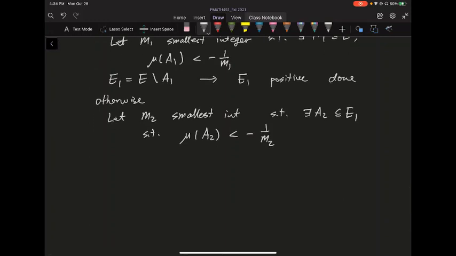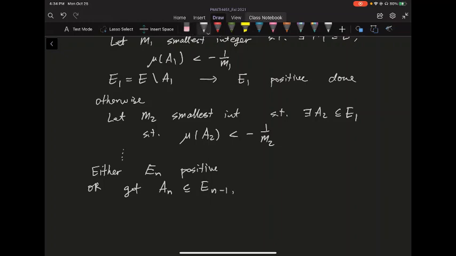Okay, so I can just repeat this process. Either I get some En which is a positive set, or if not, then I can just continue and I get these An. Each of these An is contained inside E of n minus 1, in fact.